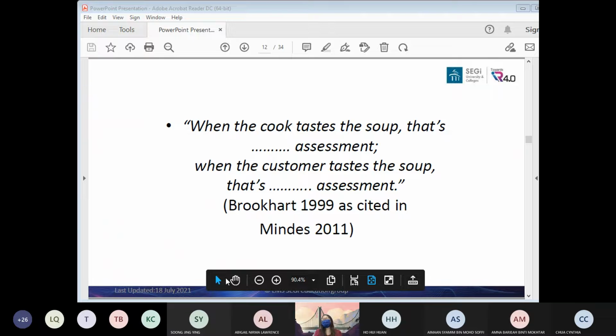You're assessing the soup, how it tastes, whether it's good, bitter, sweet, sour, or, what you call that, too salty, for example. That is an assessment you are making. All right, that's great. That's what Brookhart says, yeah?